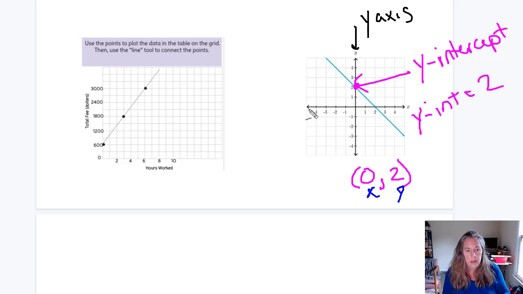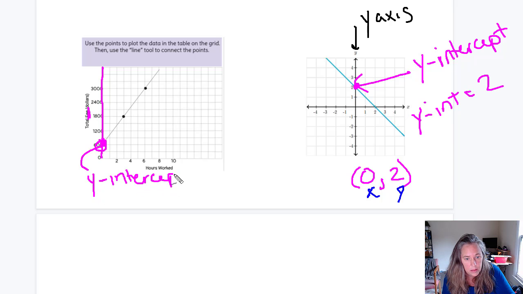On the one on the left, we have the lawyer problem that you just did. Here's the y-axis, and the y-axis is showing us the total fee. Right here, there's our y-intercept. It was at 600, or you could say it was at the point 0, 600.